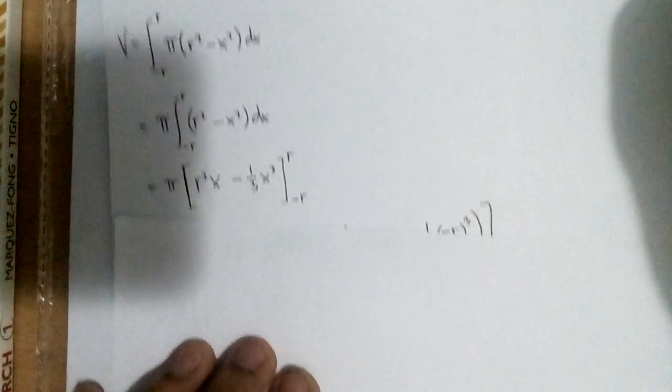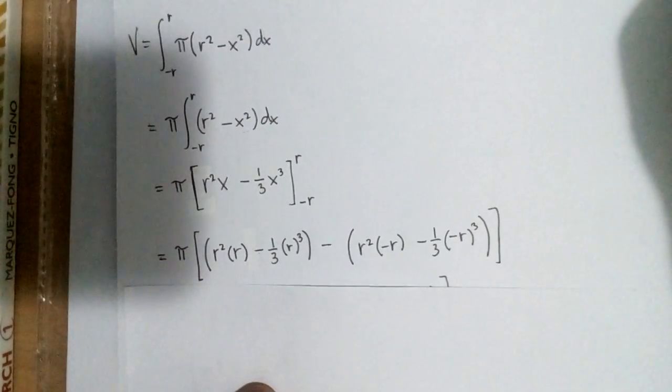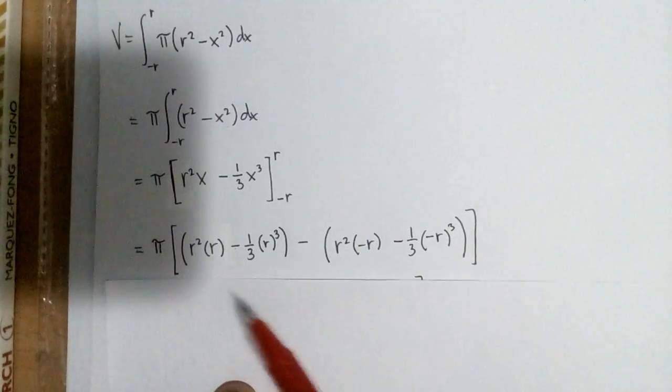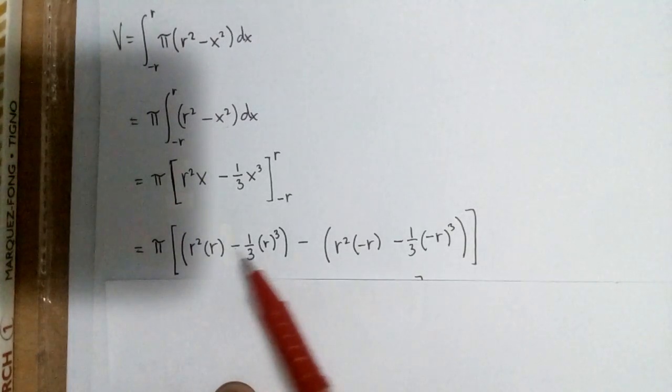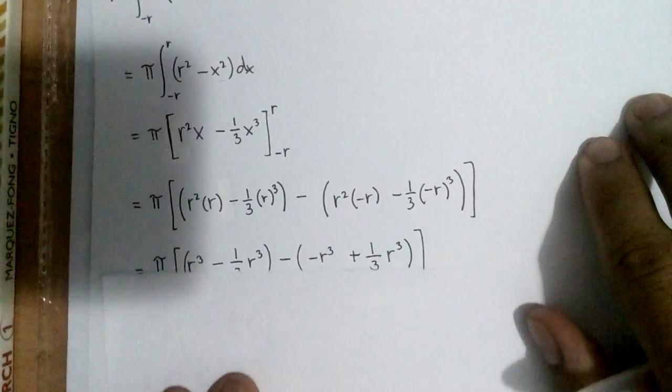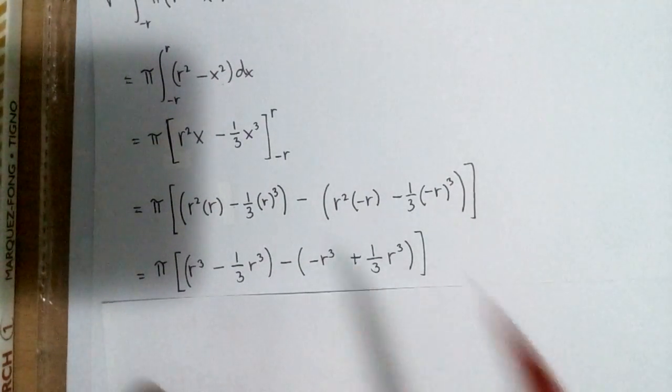So, plugging in the values for the variables r and -r, we get this, and simplifying, we get this.